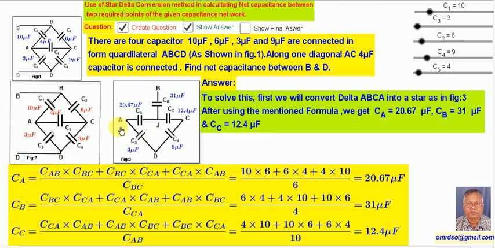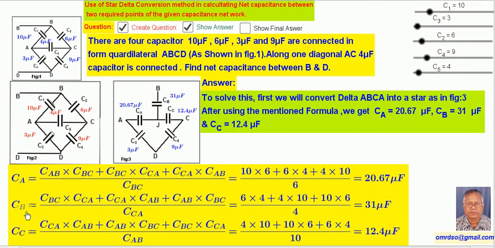So CA means the capacitance between the junction point and A, and CA is given as CAB into CBC plus CBC into CCA plus CCA into CAB, upon CBC. And this way I put the value here. Solving it, I am getting 20.67 microfarad, that is 20.65.